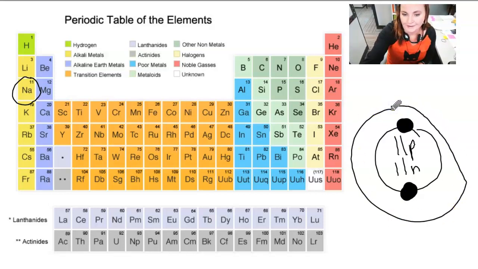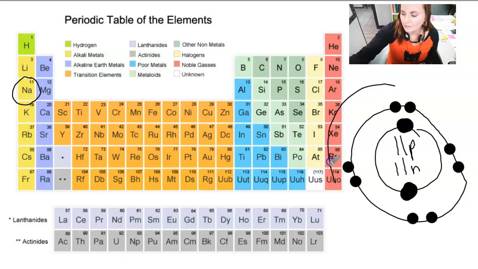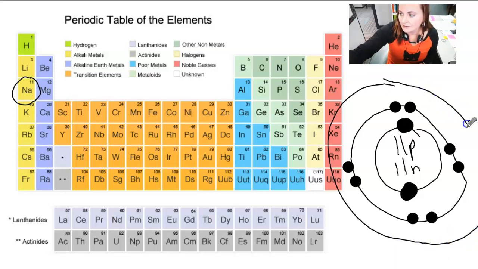And then we can put 8 here: 1, 2, 3, 4, 5, 6, 7, 8. That gives us a total of 10. But then it's got one more that has to go up to the next level.